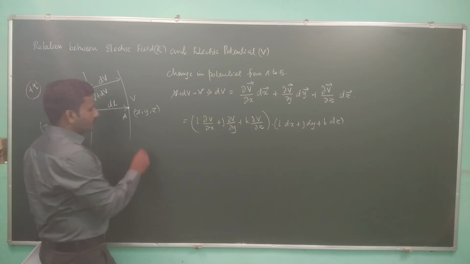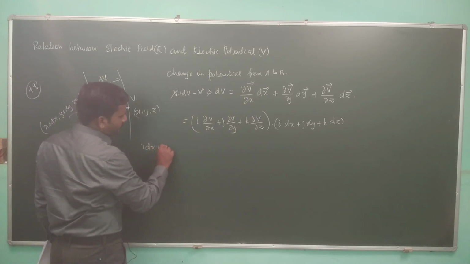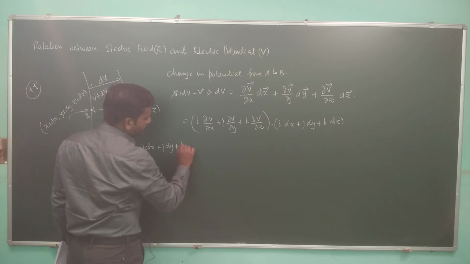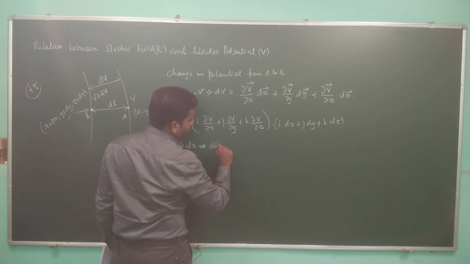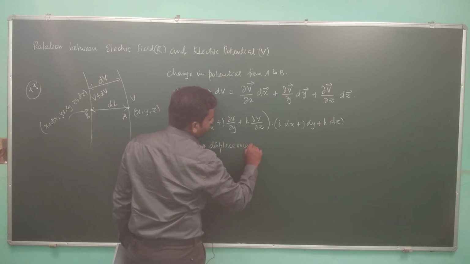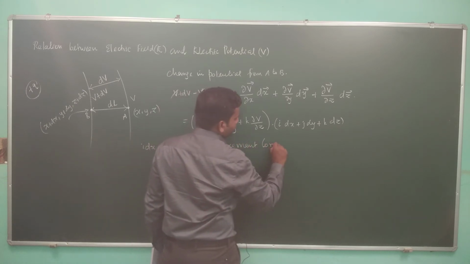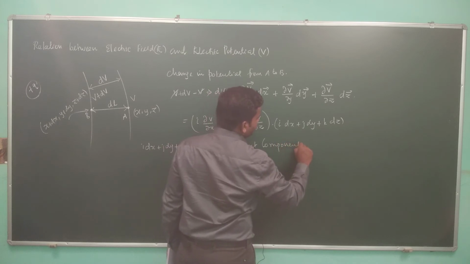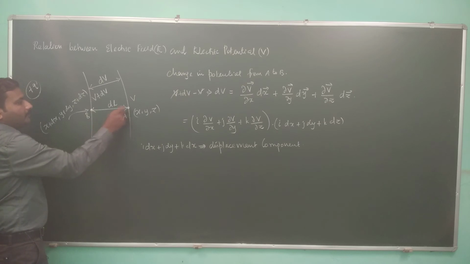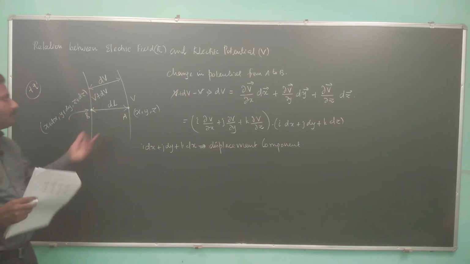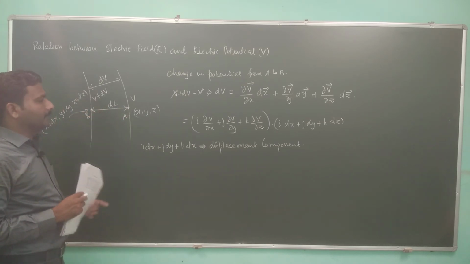where this i dx plus j dy plus k dz is the displacement component. What displacement? Moving from point A to point B, we have some displacement, that component dl.